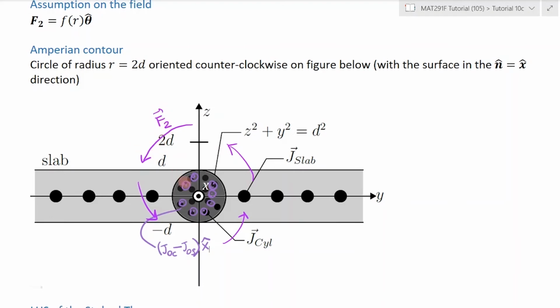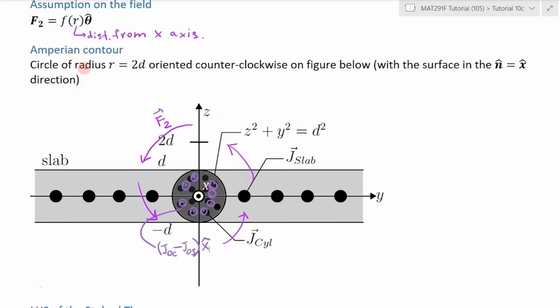And the symmetry of the problem tells us that the field is in the theta hat direction, and the theta hat component depends only on the distance from the x-axis.